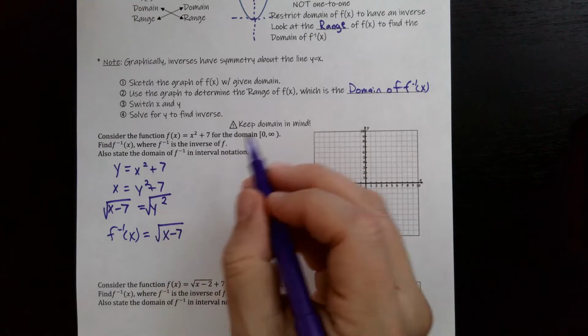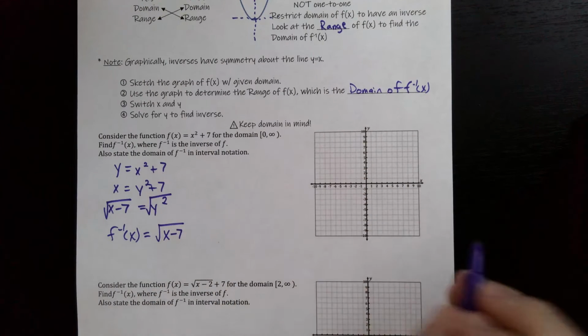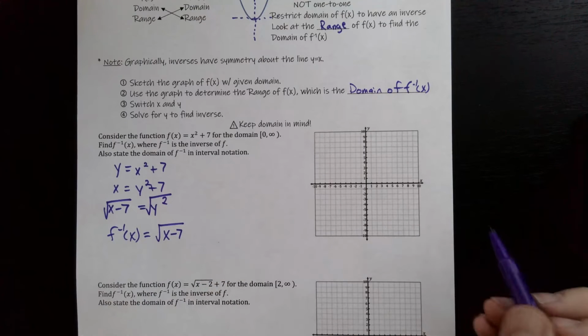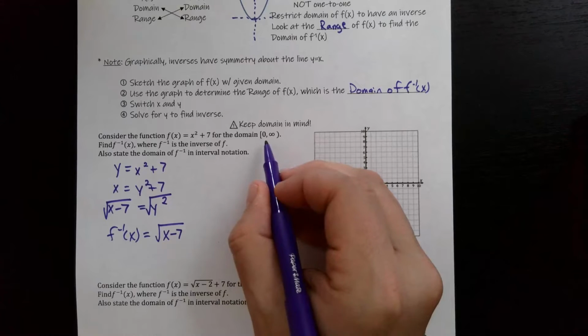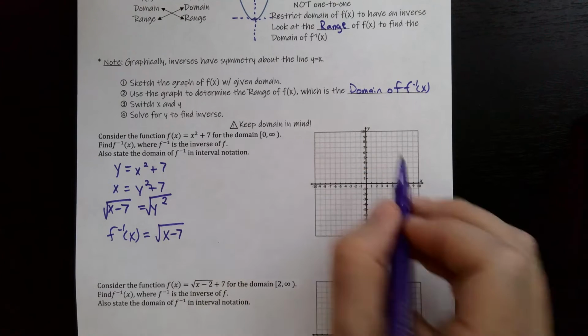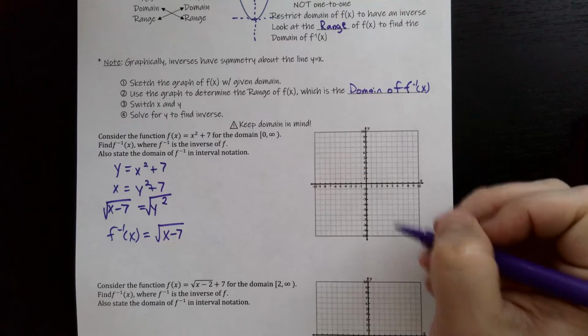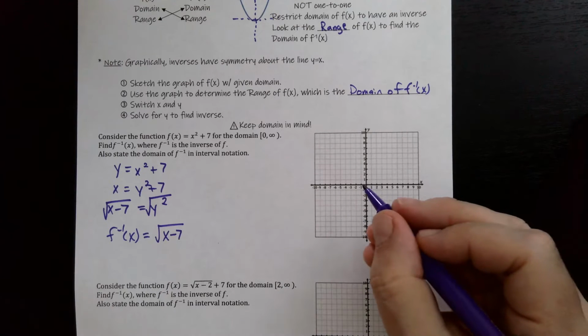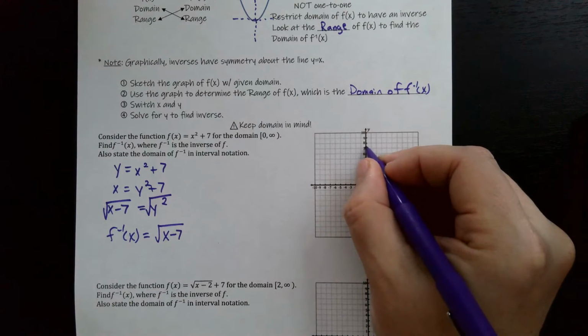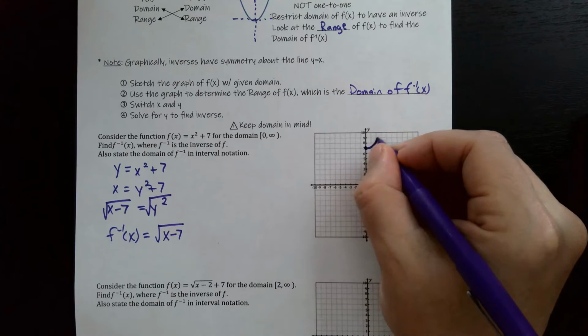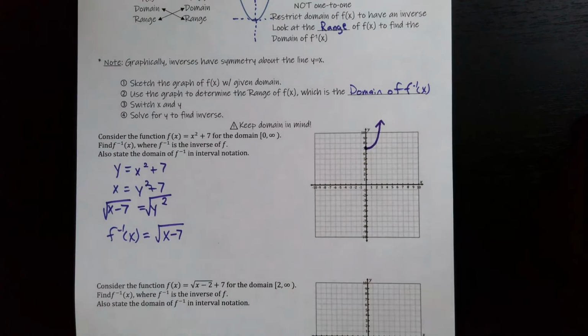Let's go back to this and graph it with this domain in mind. I found the inverse, but I do want to graph this so I can see what the domain and range are of my new function. This is a parabola that's been shifted up 7, and we're only graphing it from 0 to infinity, which is this part of the graph, not over here. It starts from 0 and goes out this direction, so I get a parabola that looks like that.